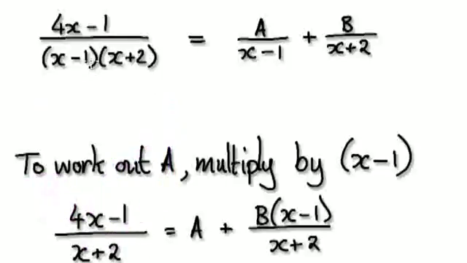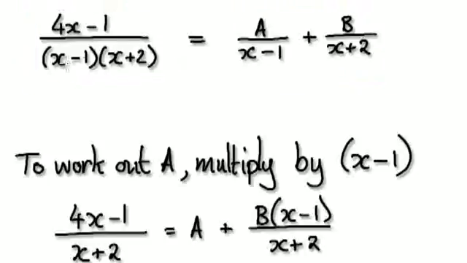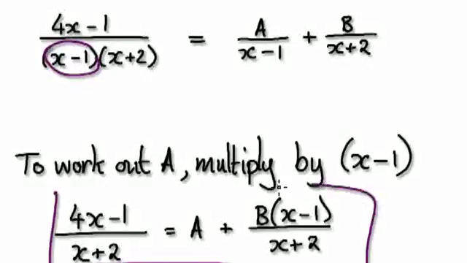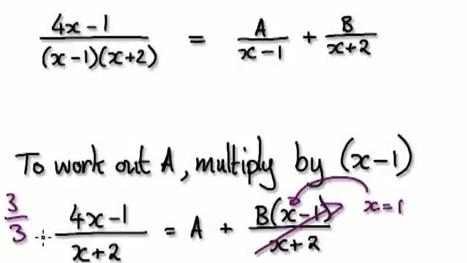So hang on, let's start again. Starting from here, to work out A, you would times both sides by this thing here, by x minus 1. That will then give you this. So now looking at this, if you let x be positive 1, then this thing here disappears, and then this thing here will be 3 over 3.